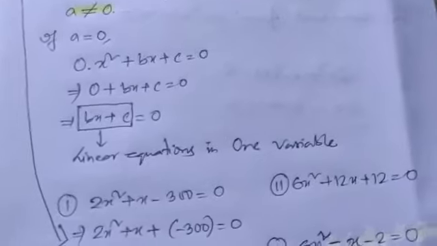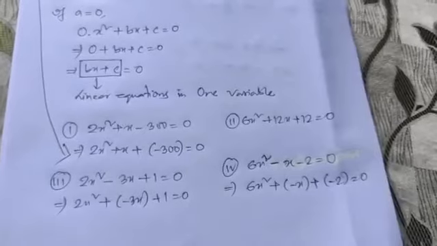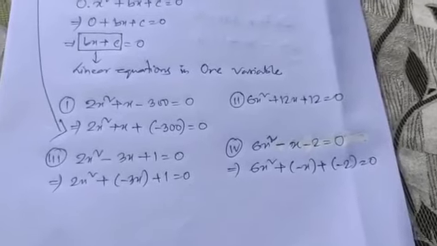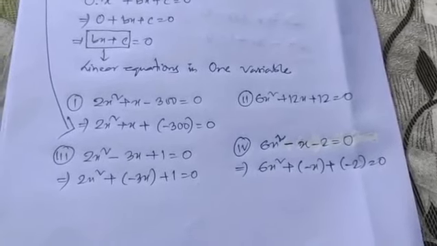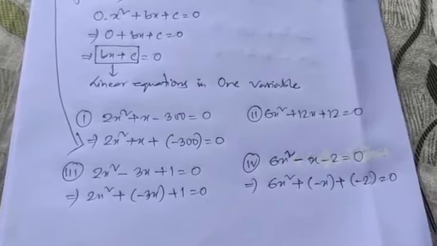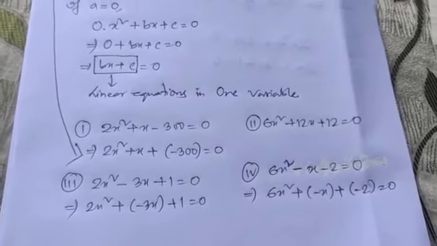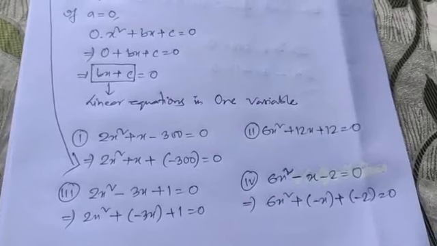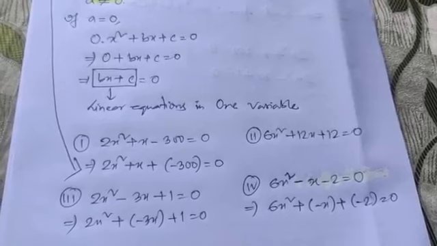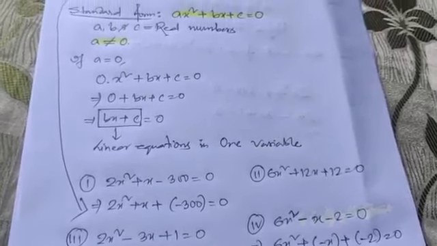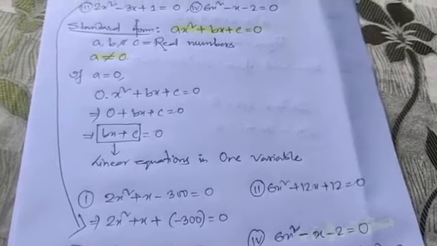and there are some other equations. Actually these are the equations which I wrote in the beginning, but if you look more deeply, then we can see that signs are not constant. You will see this equation 1, 2x squared plus x minus 300 equal to 0. But you compare this with our standard form, that's ax squared plus bx plus c equal to 0.